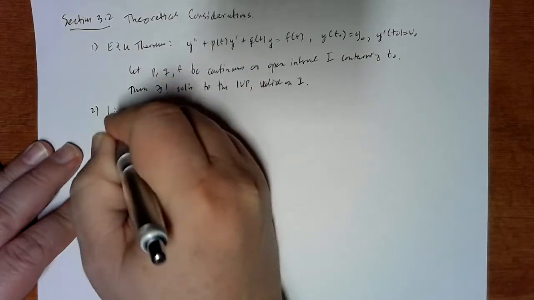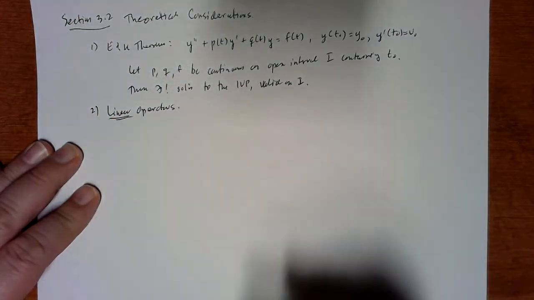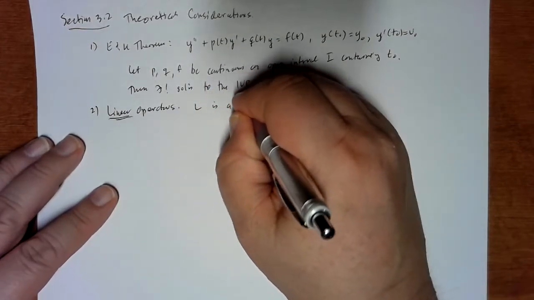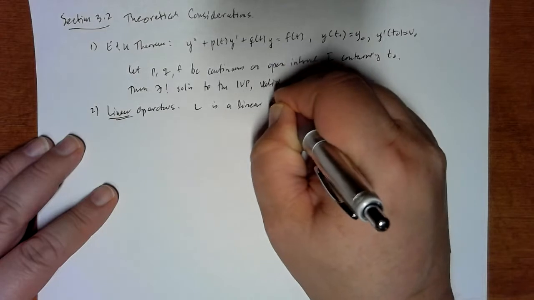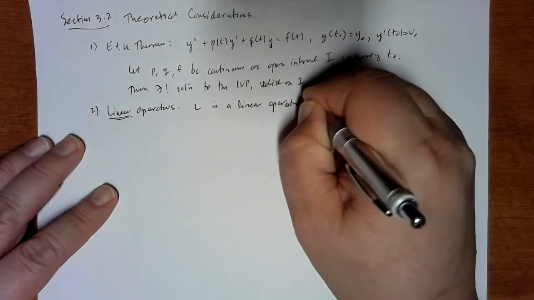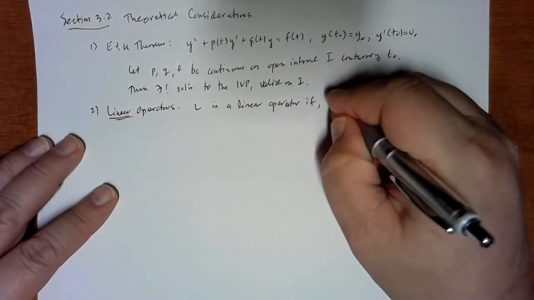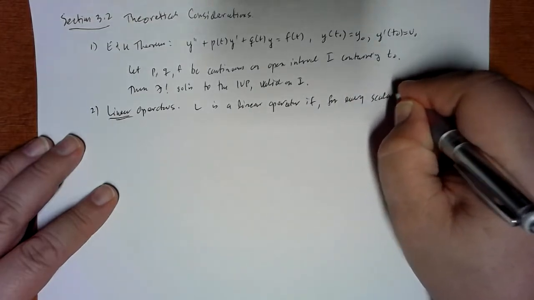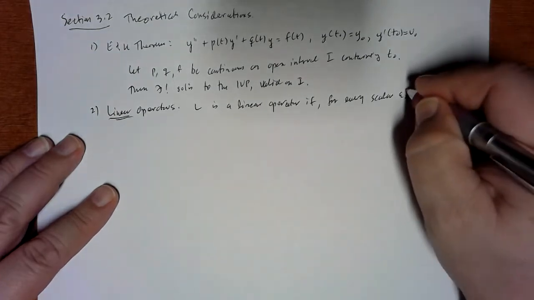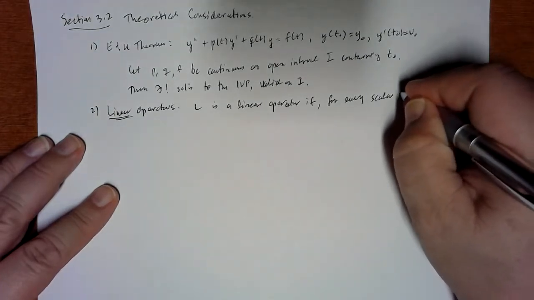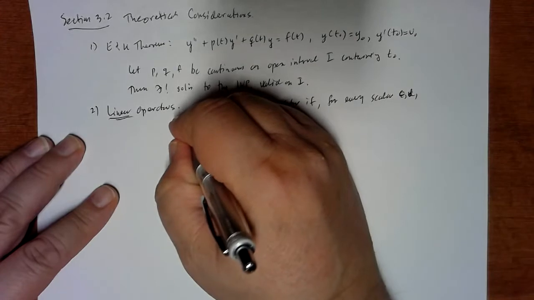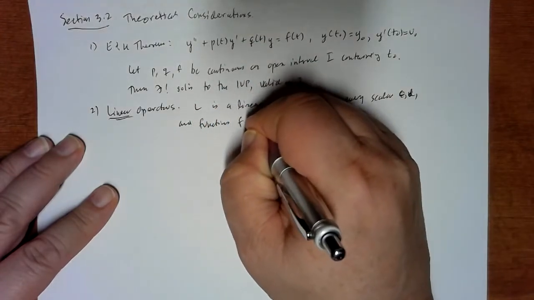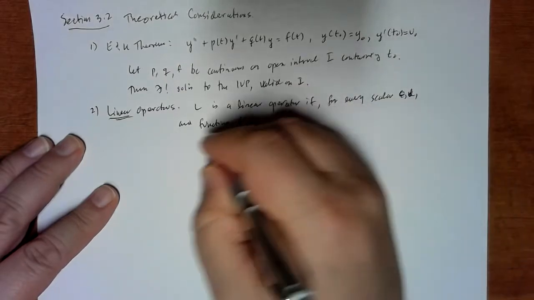And just as a reminder, the word linear here, right? So L is a linear operator. L is a linear operator if for every scalar A and B, or maybe I think I was using C and D, and functions f and g, the following is true.